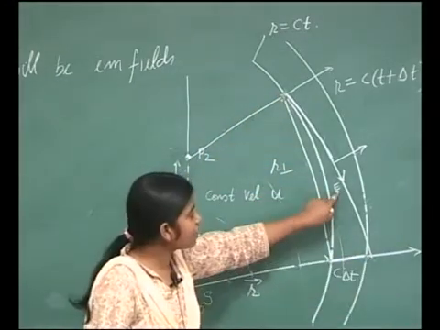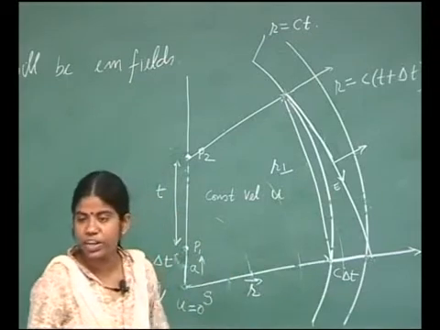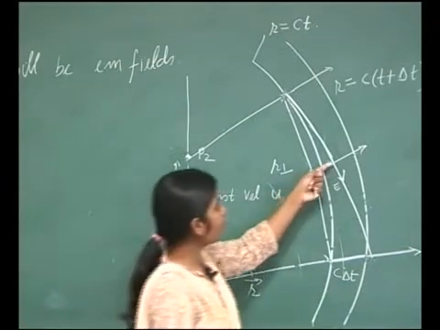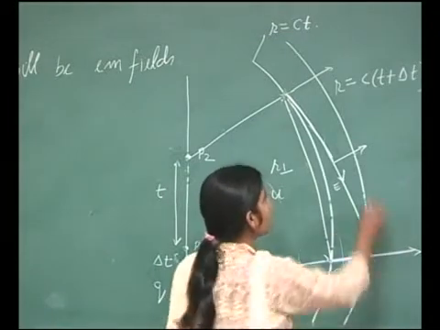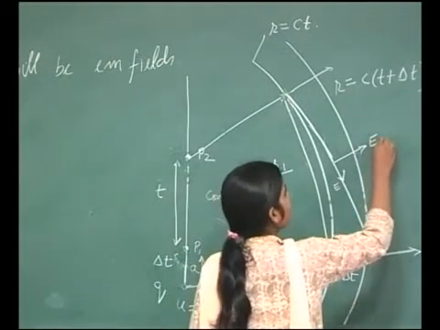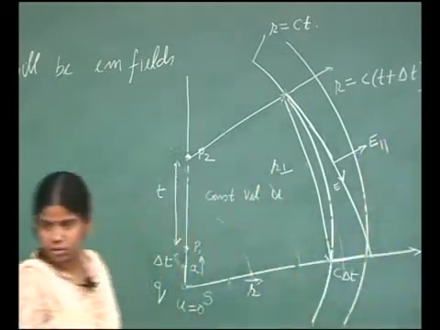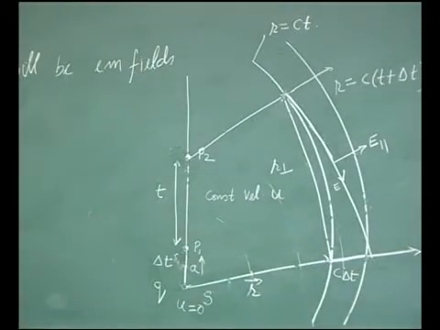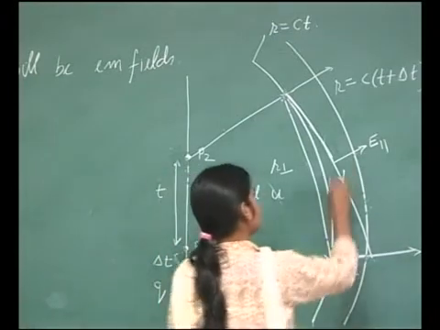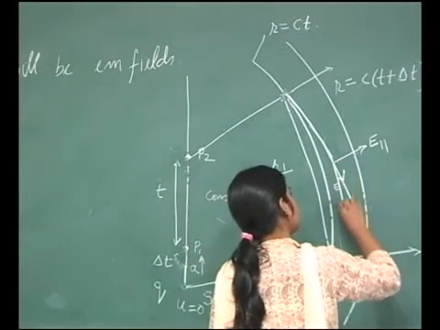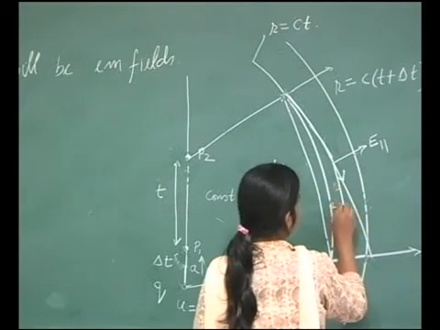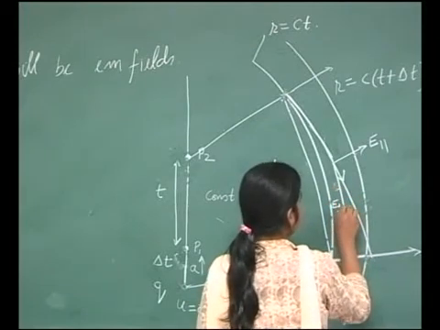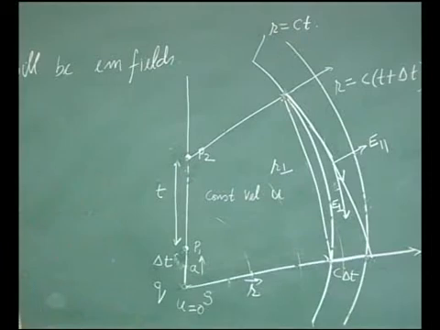So, I will have one component parallel to the radial direction, and I call this E parallel. Another one perpendicular to the radial direction. This is E perpendicular. Okay.